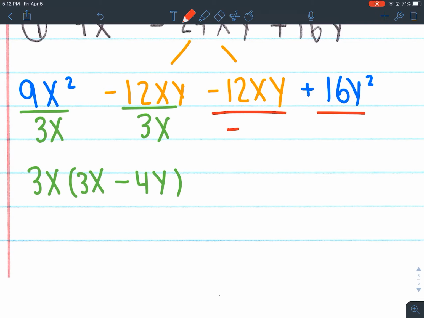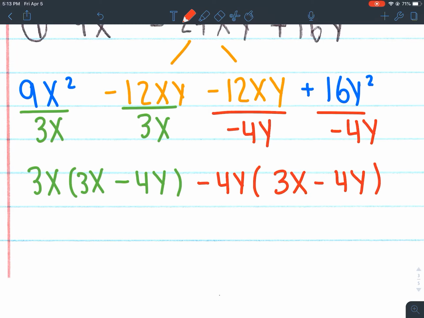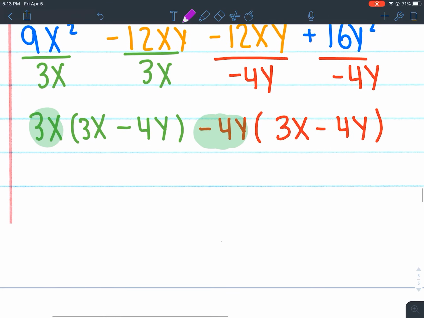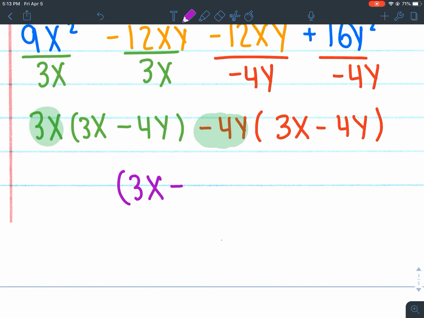Over here, I have negative 4y that I can take out of both. And what I have left is positive 3x minus 4y. Now, you always want to check to make sure your inside parentheses match, and they do. So that's a good sign we did this correctly. And then you have 3x minus 4y for your first set of parentheses.